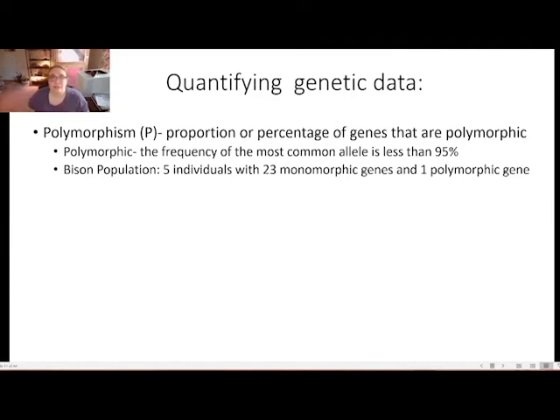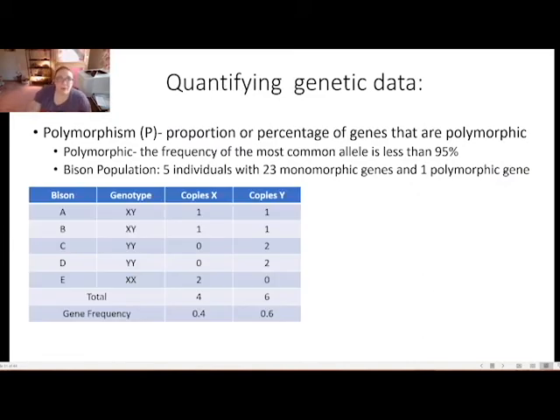So it was the most common by a lot. But then you had maybe one polymorphic gene. A polymorphic gene is going to have the most common allele make up less than 95%. So you have your 5 bison here, right?